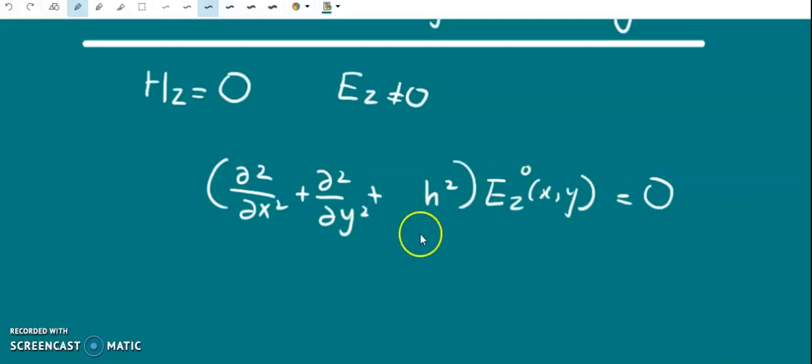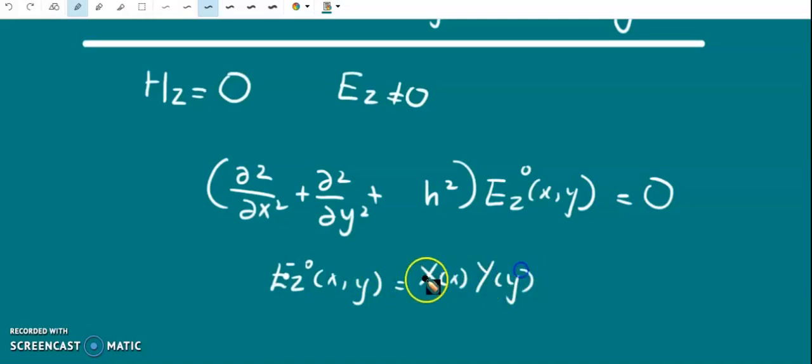In order to find the value of the unknown Ez0 of xy, we use the method of separation of variables. We assume that the solution Ez0 of xy can be written as a function of x times a function of y. Ez0 of xy is the product of a function of x and a function of y.